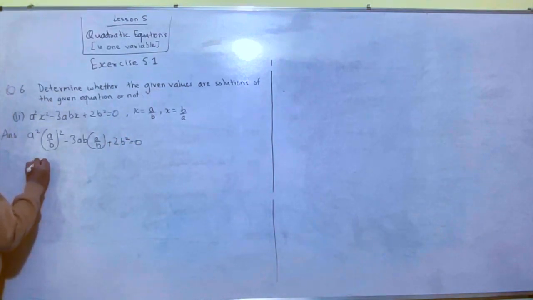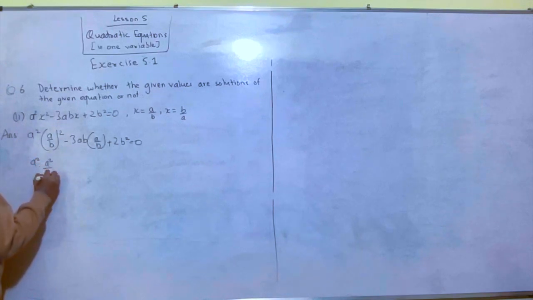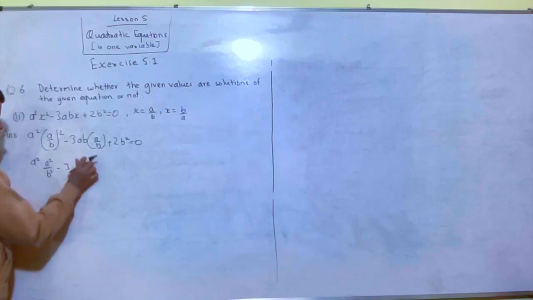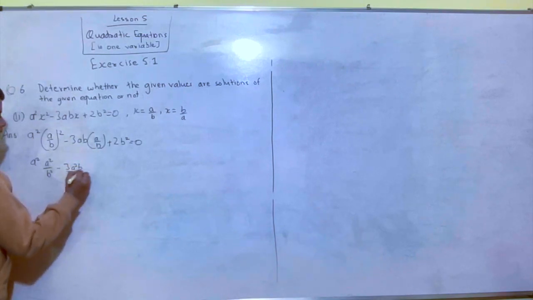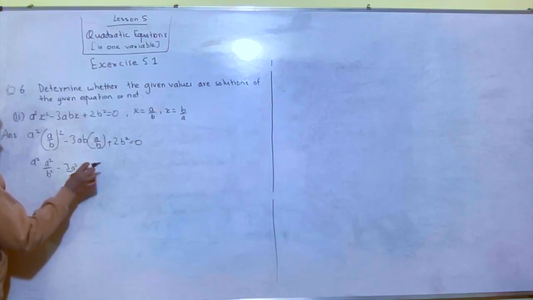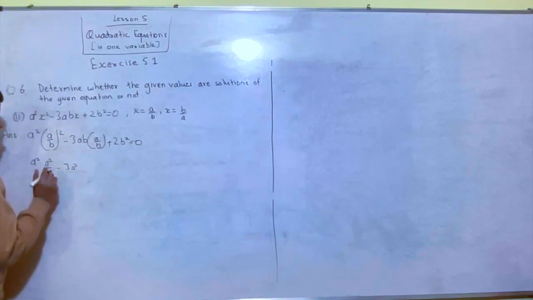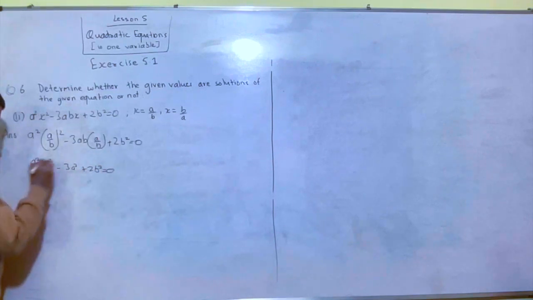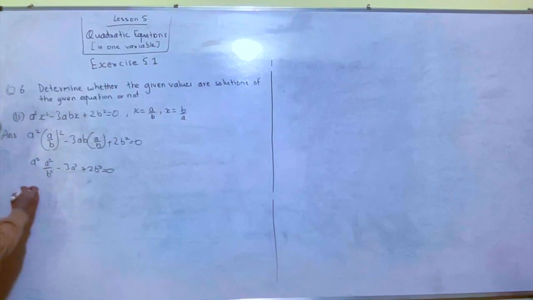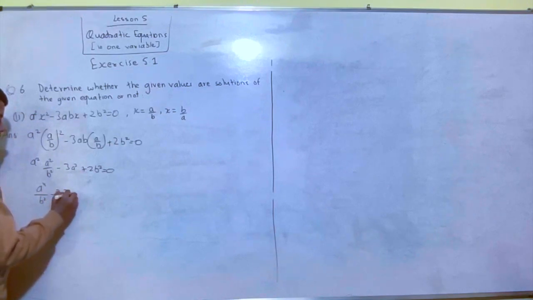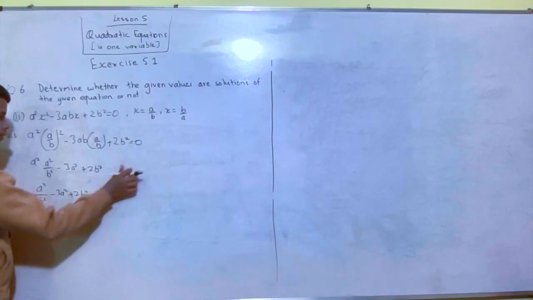Here a square times a square by b square minus 3a, minus 3 a square b by b, so it gets cancelled actually. So minus 3 a square and plus 2b square is equal to 0. Now when we multiply this a square and a square, we get a to the power of 4 by b square minus 3a square plus 2b square.